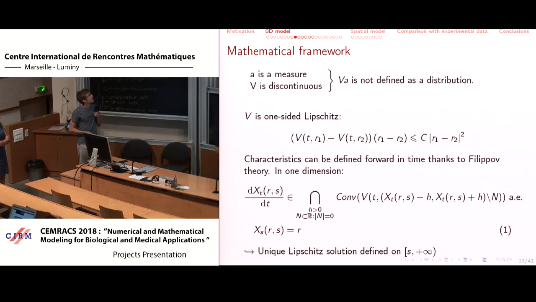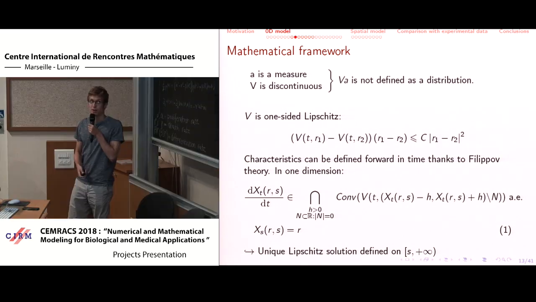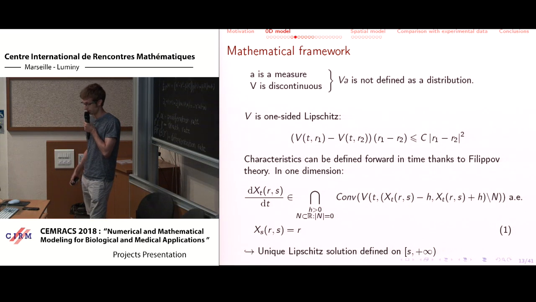So I now will define more precisely the mathematical framework. Indeed, since we are looking for a solution as, for example, a finite measure, and since V is discontinuous, the product V times the measure is not defined in the sense of distributions.